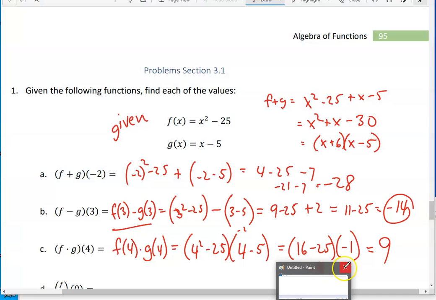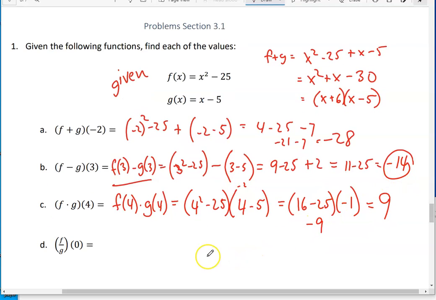Now, I'm realizing that factoring, if they give me an x of f over g of, or sorry, that's f plus g, never mind. f over g of 0. Oh, they gave me an easy value. That's f of 0 divided by g of 0.